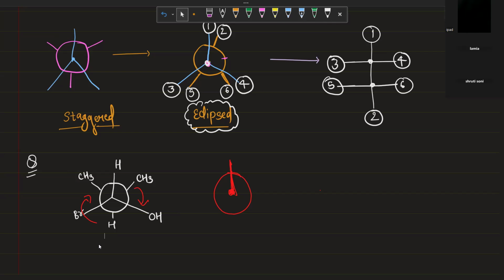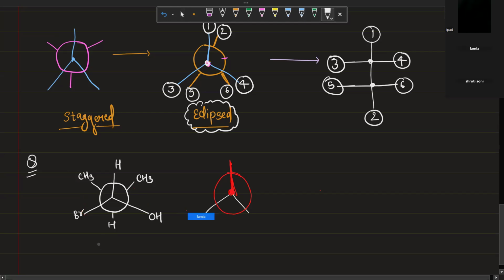You can rotate by yourself, by your convenience. So anyway, you can write that down. I'll attach here. Now, oh sorry, we need a staggered form now. No, it's okay, I can try myself. Okay, good.